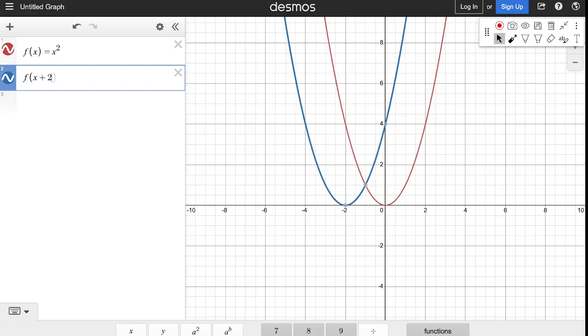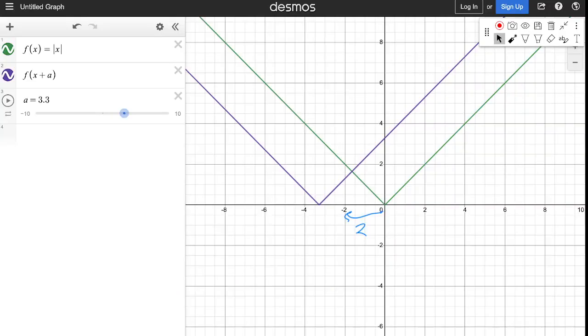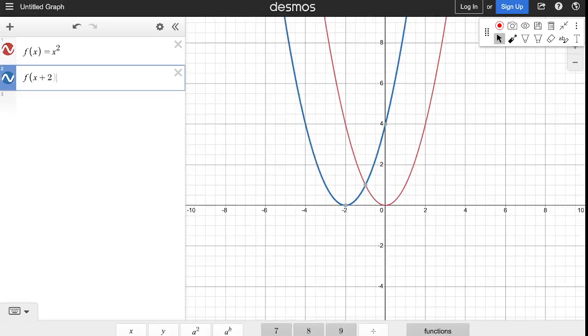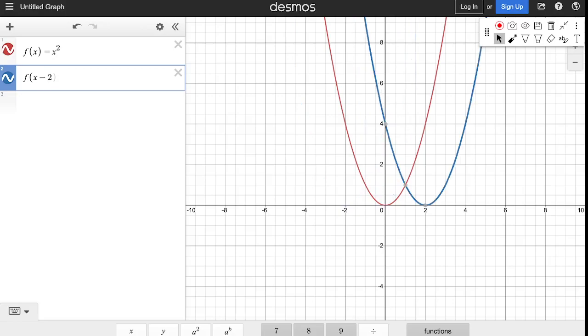Oh, are we adding 2 or subtracting 2? I forgot. We're subtracting 2, because I thought we were moving to the right. Let's change that to a minus. Okay, so we did move to the right.